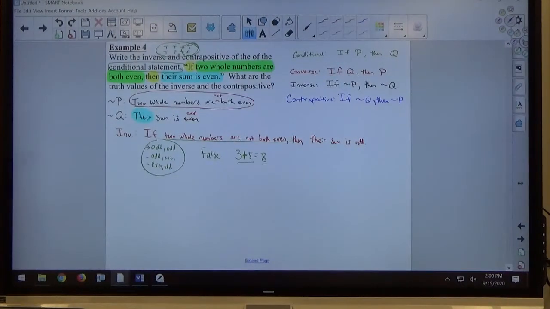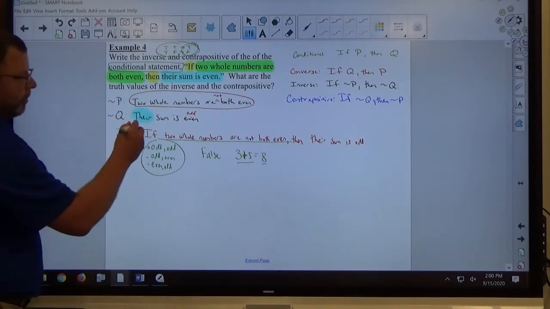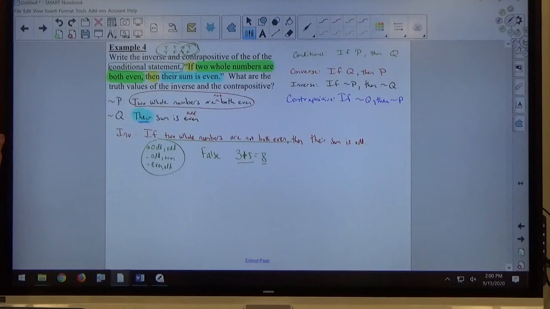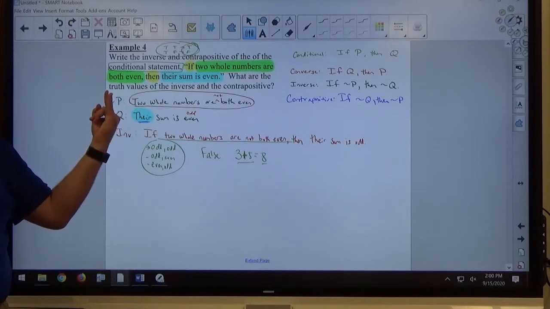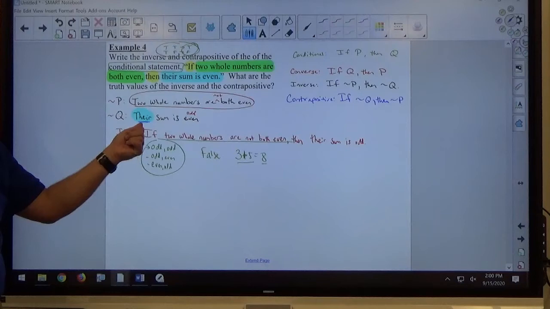So you switch the order and you negate it. So you put not Q first, you put not P second. So we've already established what not P and not Q look like, right? We do have this pronoun in not Q, so we're going to have to fix that. But notice, I'm going to use the same wording, I'm just going to change the order. And again, I'm going to modify where my pronoun is.